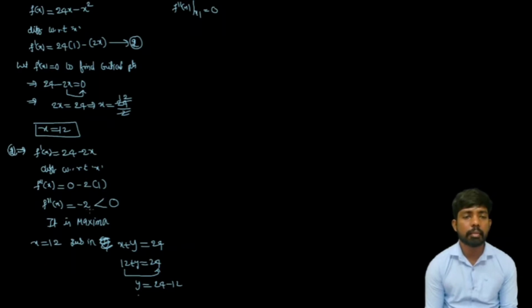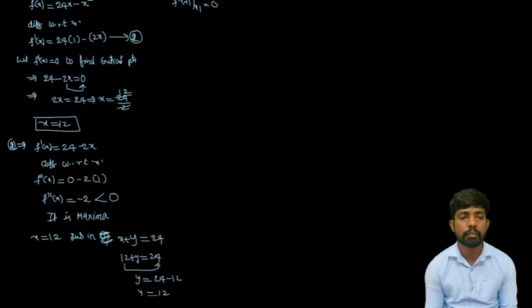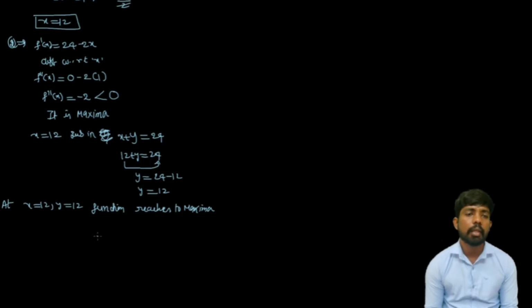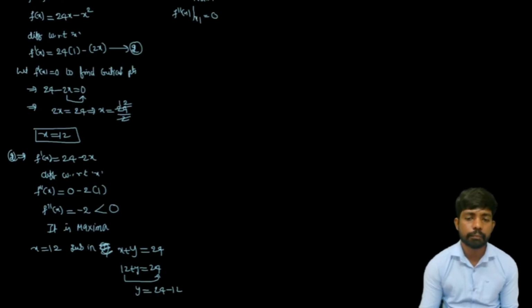You will get negative, means less than 0, means maxima, and x is equal to 12 is the point of maxima. x is equal to 12 will substitute in the basic equation. What we have, x plus y is equal to 24, you will get the y value. Therefore, at x is equal to y is equal to 12, function reaches maxima. That's all. This is the result. Clear?